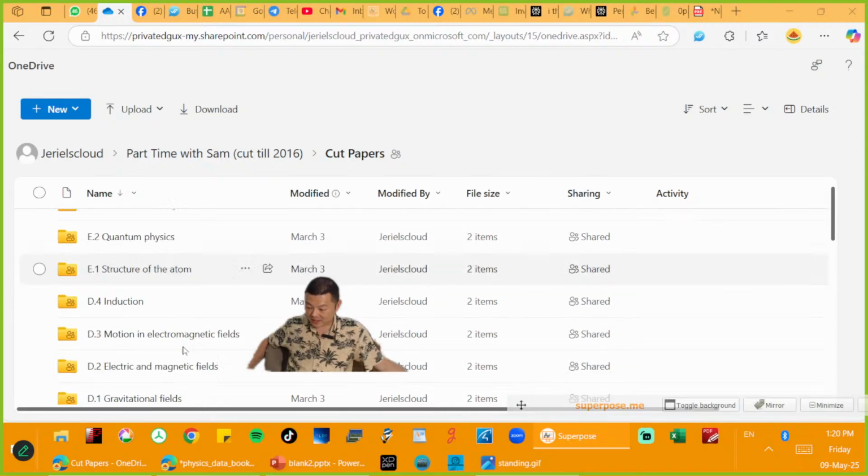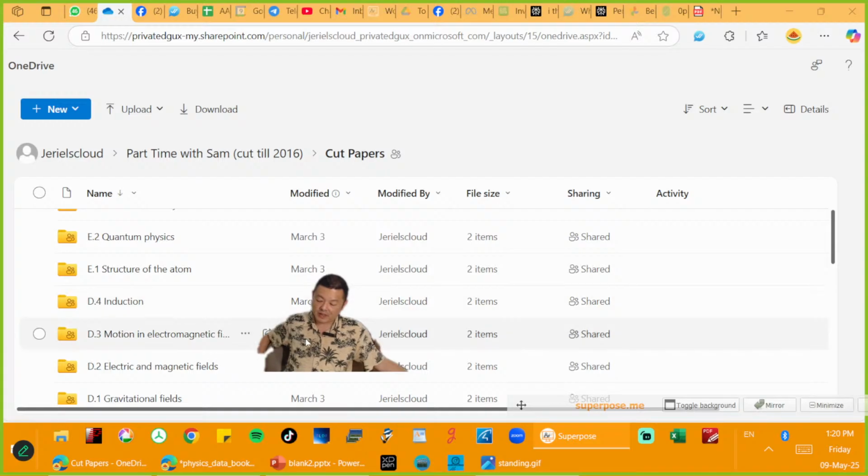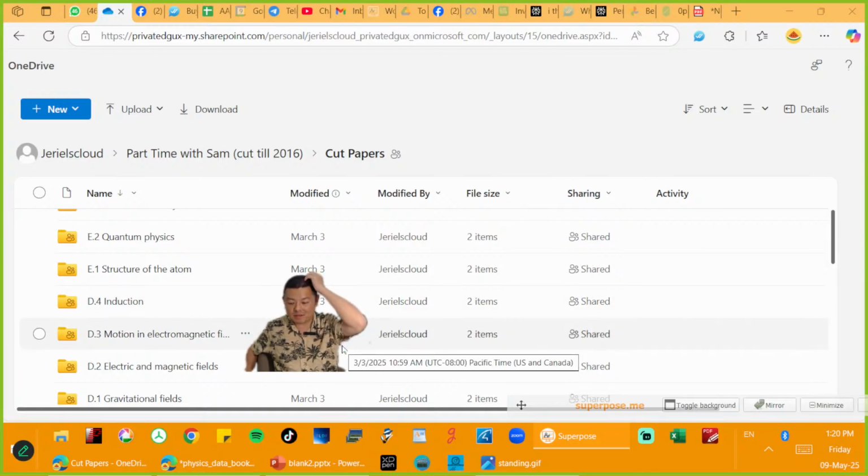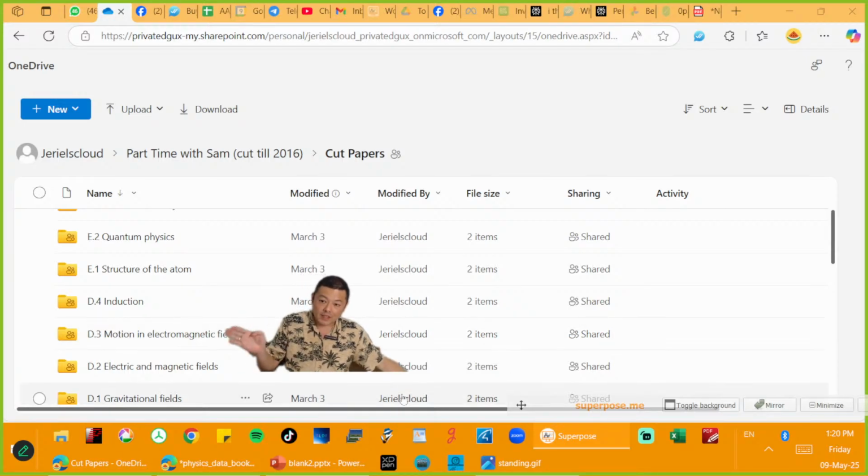D3 and D4, is that right? Okay, you don't have to do all. Maybe you can just choose a particular year, maybe just choose May 17 and do the May 17 or something like that. I would rather you do one question from each of them, rather than try to do everything from one folder, because I think you'll just overwhelm yourself.